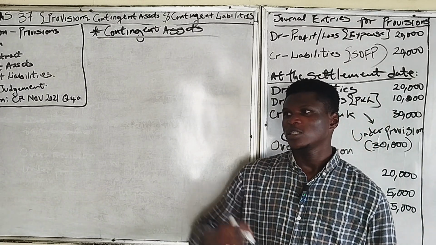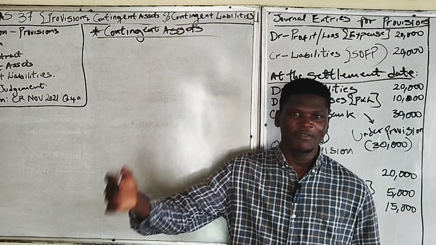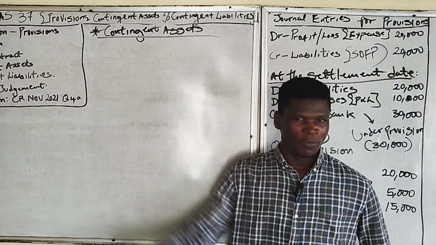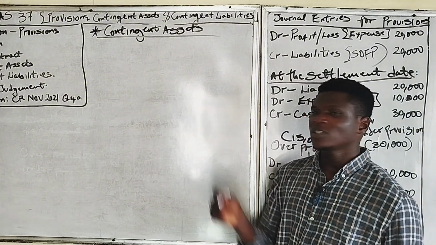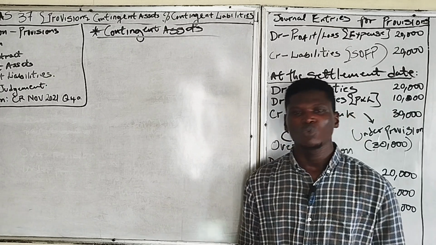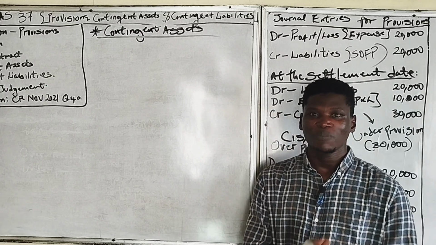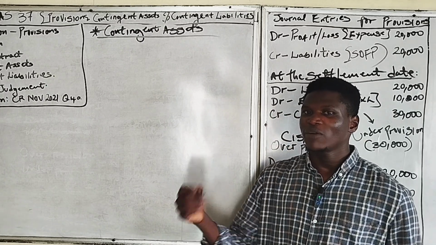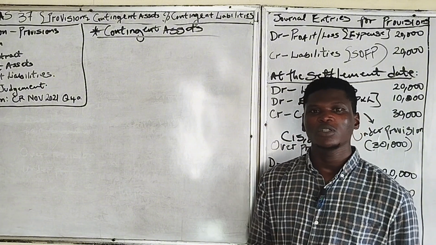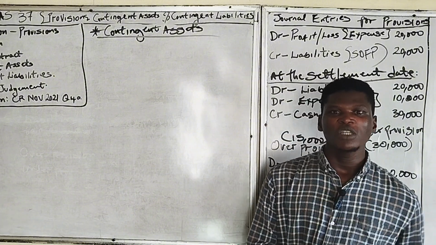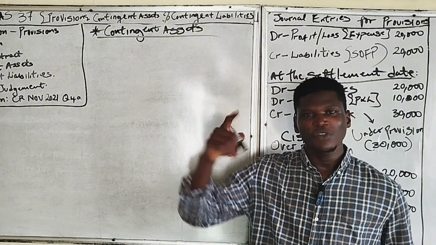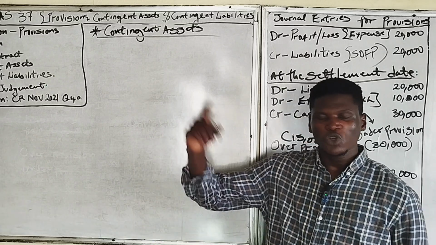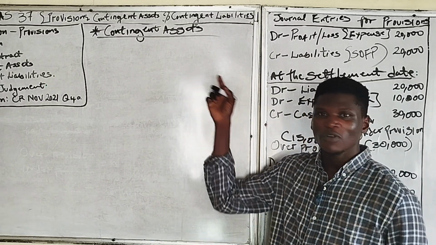For example, there is a probability that we will have a particular asset in the future. So the future event determines whether we'll have contingent assets.